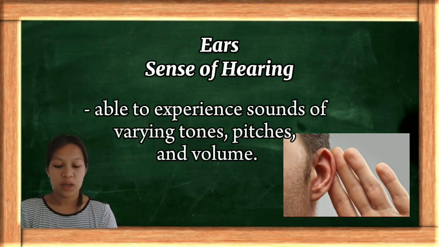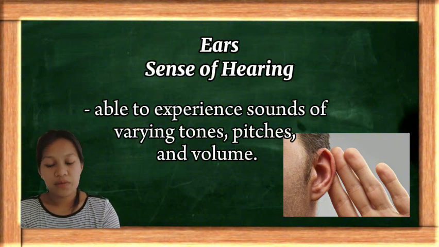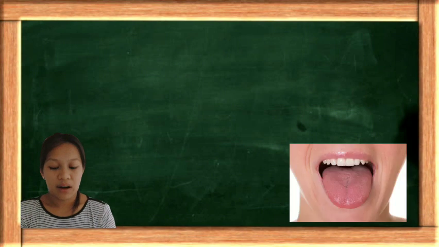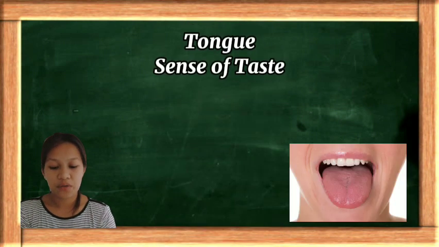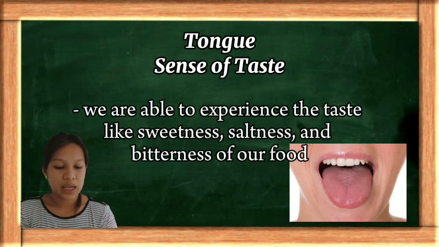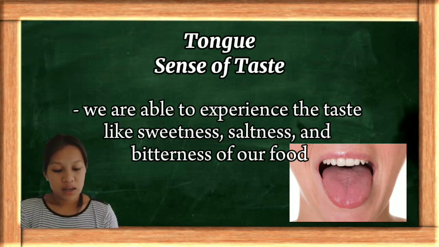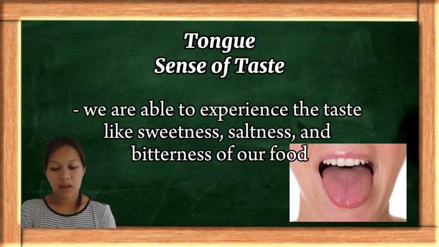and volume. For the sense of taste, we have the tongue. The tongue is covered with taste buds that allow us the sense of taste so that we are able to experience tastes like the sweetness, saltiness, and bitterness of our food and the objects we put in our mouth.